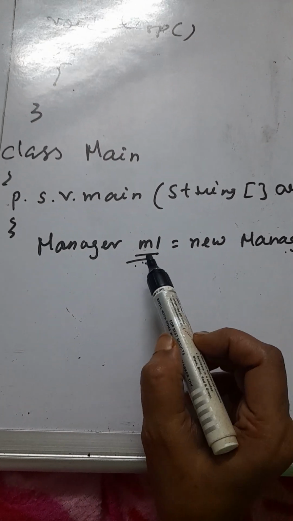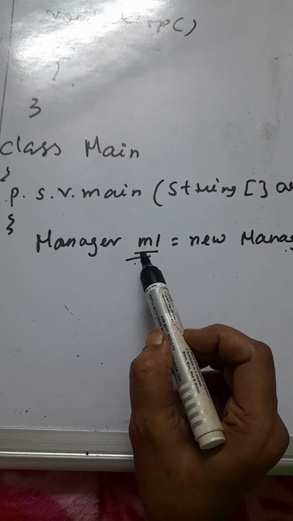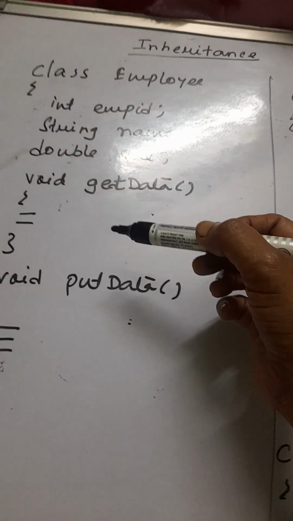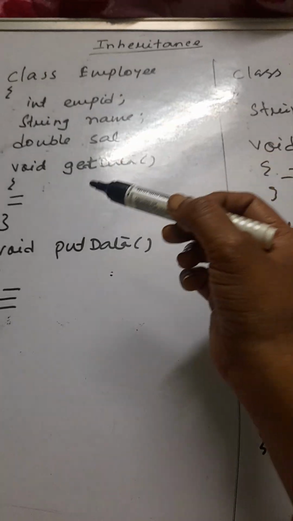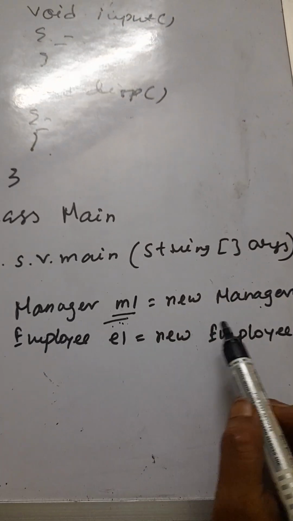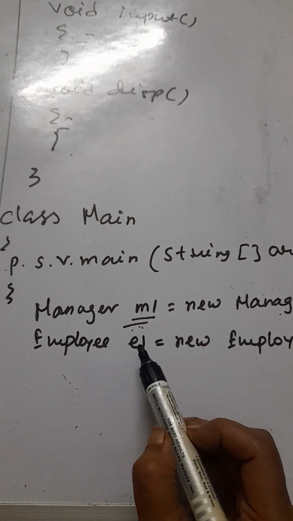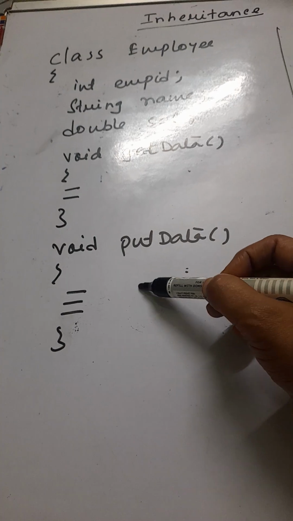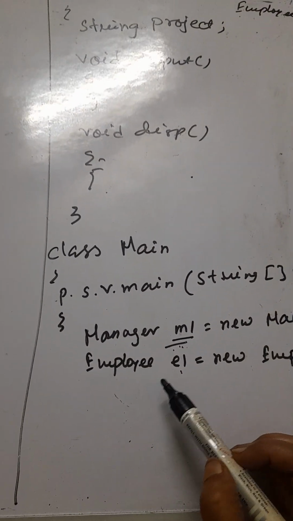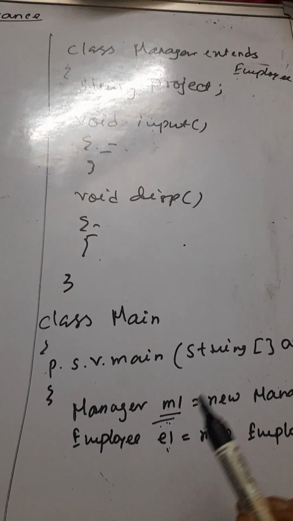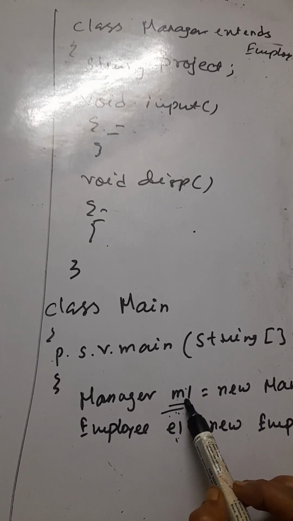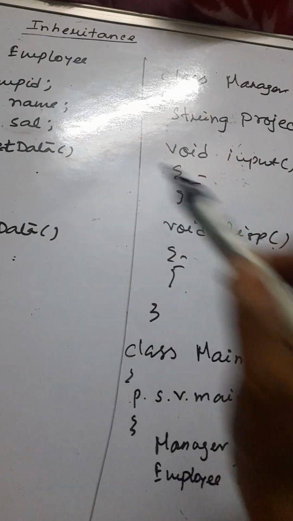So this m1 object, the object of the derived class, can access both the derived class property and the base class property. But this one is the object of the base class, so E1 can access only the base class property, not the child class property. So a parent class object can't access the child class property. Only the child class object can access both the child class and base class.